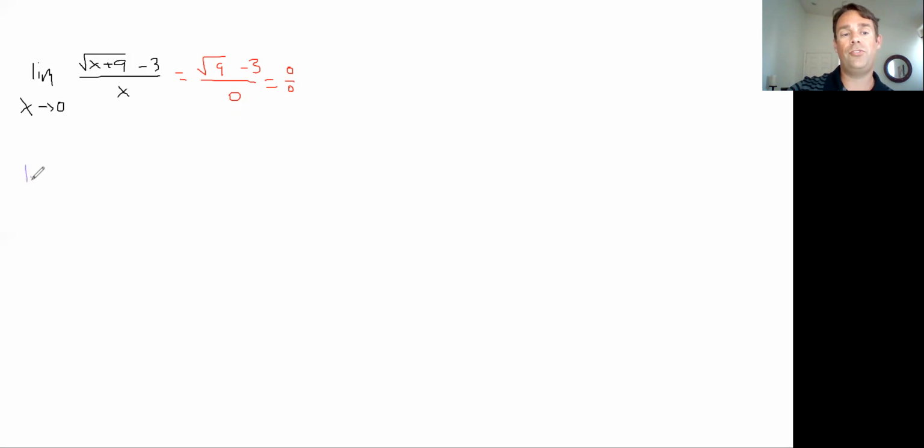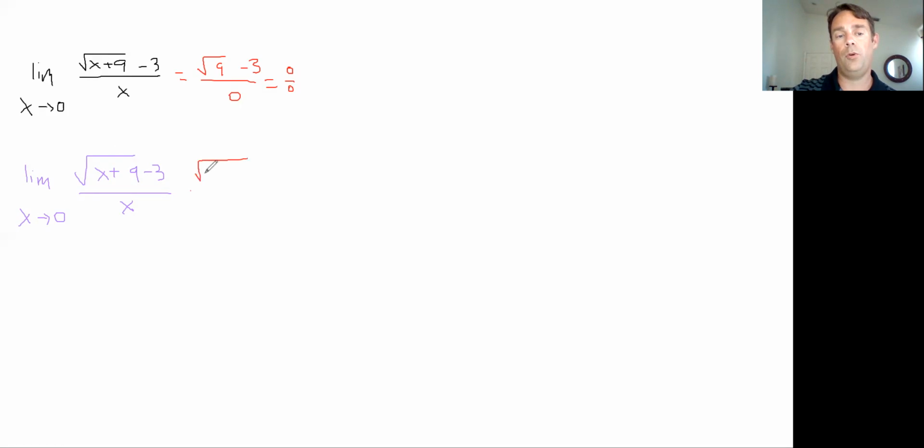But we can do that same thing with our numerator. So in other words, right now in this form, this problem doesn't work. It was indeterminate. But if I can multiply the top and bottom by something, which we called rationalizing, then I can change it to something that would work.